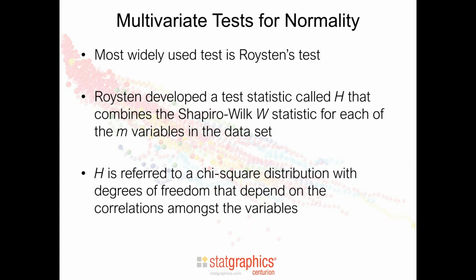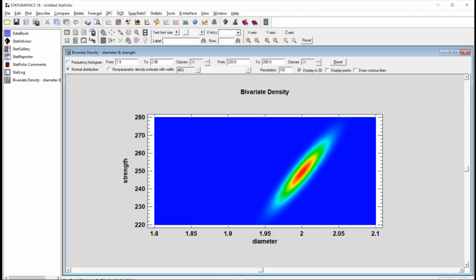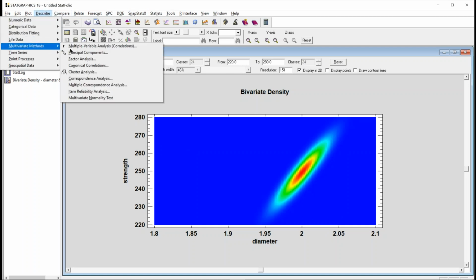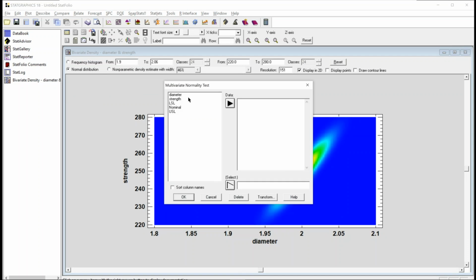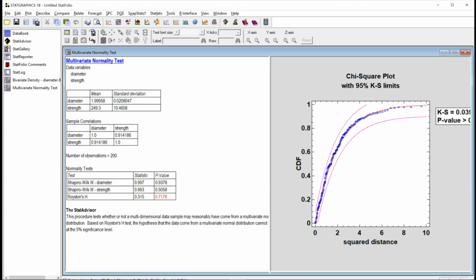Now, to do this in Statgraphics, I'll go back to where I had my data, back to Statgraphics, and go to Describe, Multivariate Methods, Multivariate Normality Test. On the data input dialog box, I'll put the two variables I'm interested in, diameter and strength, and it will go ahead and run Royston's test.